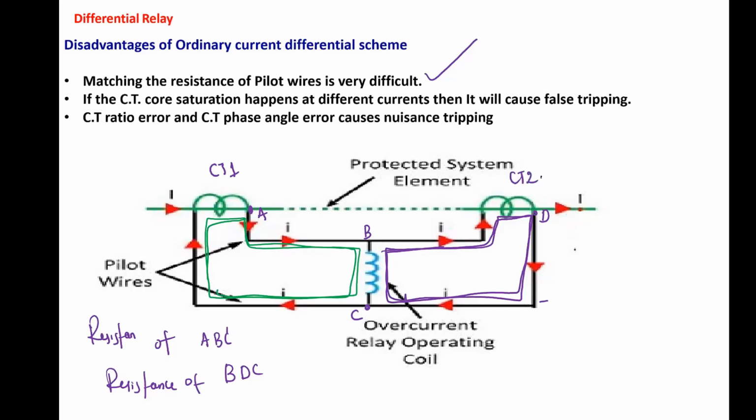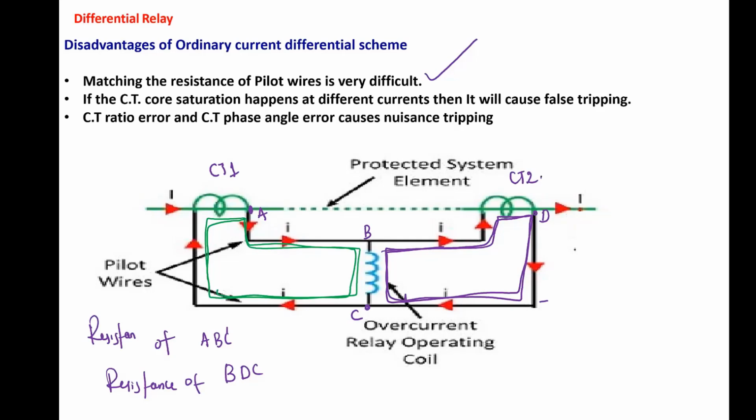Both CTs, we know that the CT ratio should be the same, well and good. But their saturation characteristics must also be the same. The currents at which both CTs will saturate must also be the same, which is very, very difficult to achieve.